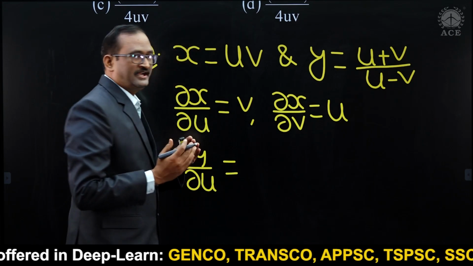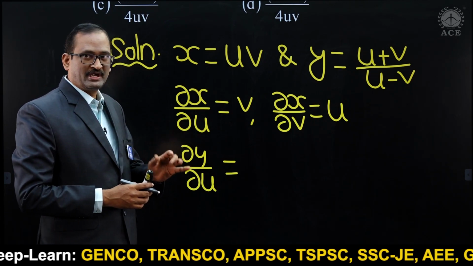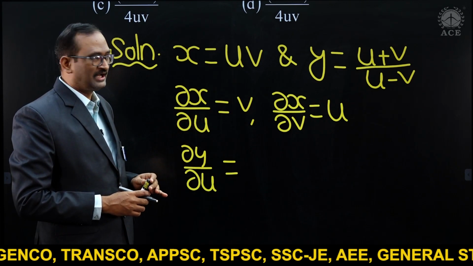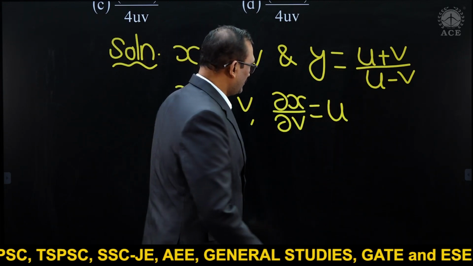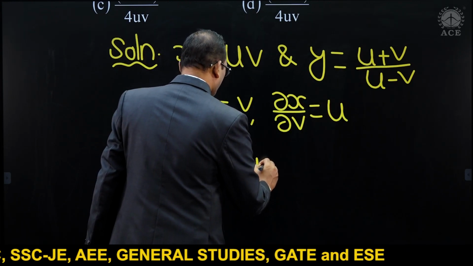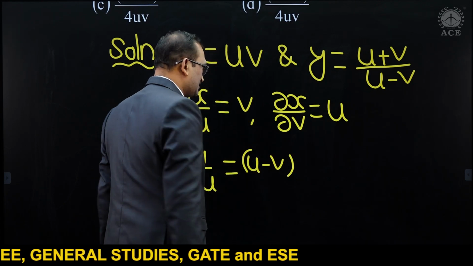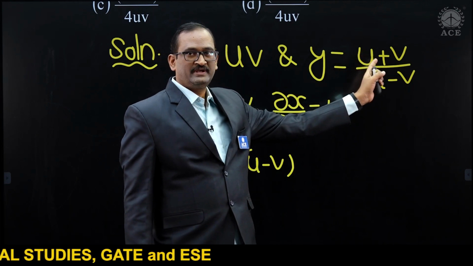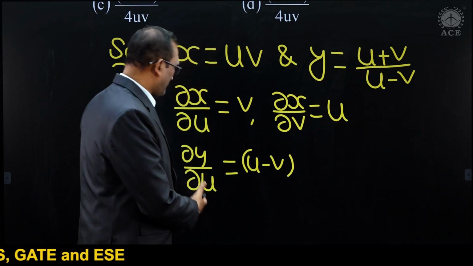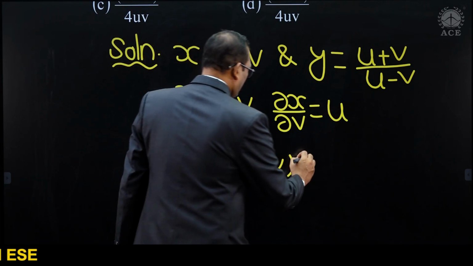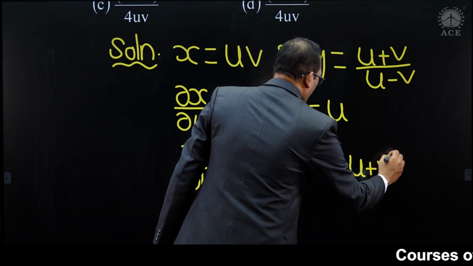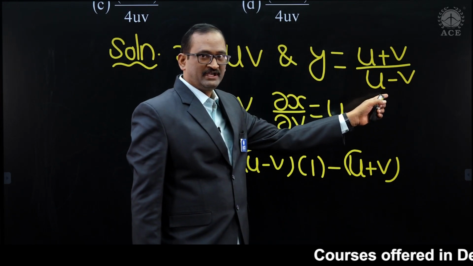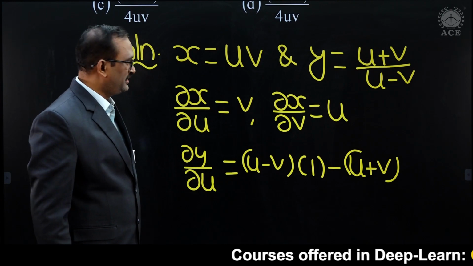When you are partially differentiating with respect to u, u is the only variable, and the other variable v is kept constant. So this is the u by v rule. The denominator u minus v as it is, the numerator u plus v derivative with respect to u partially is 1, minus u plus v into the derivative of the denominator u minus v with respect to u partially, that is 1.